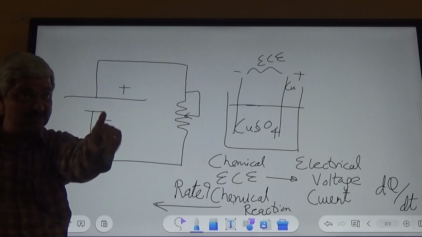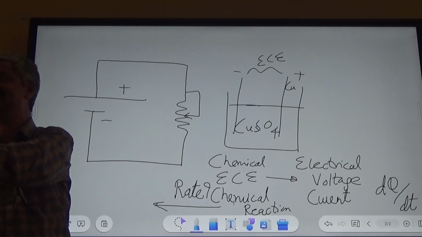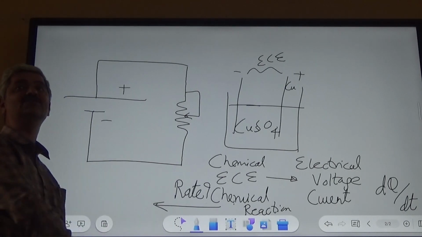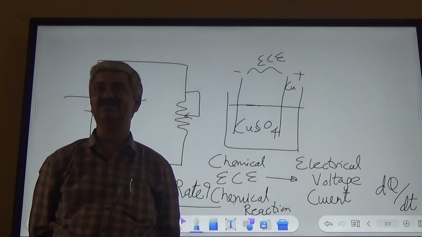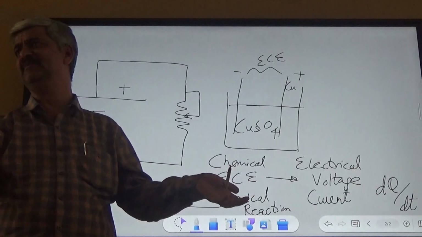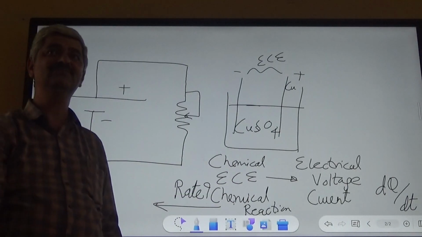It is independent of concentration. But the rate of chemical reaction which can take place is proportional to the concentration of electrolyte. Okay? Now what is the problem? You have ample copper sulfate, you can go on adding. What is the problem now?